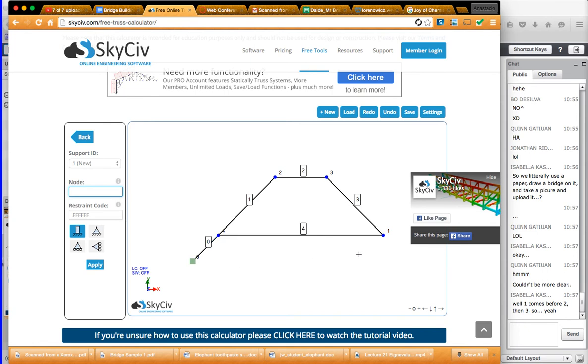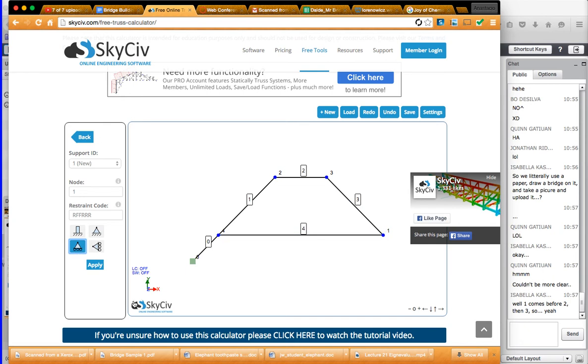Now on the right side, we're going to use a different type of support. This is where you need to pay attention. On the right side, on node 1, I'm going to put a roller support. It looks like that. This allows your bridge to not only rotate about the support, but it also allows the bridge to slide right and left.